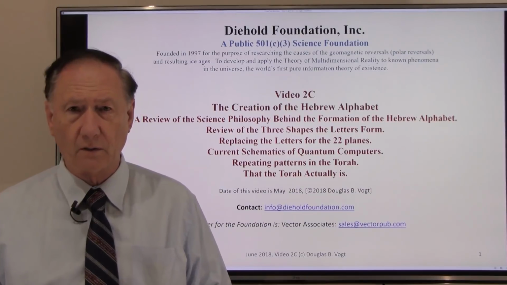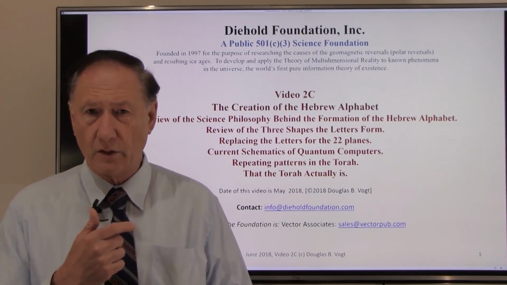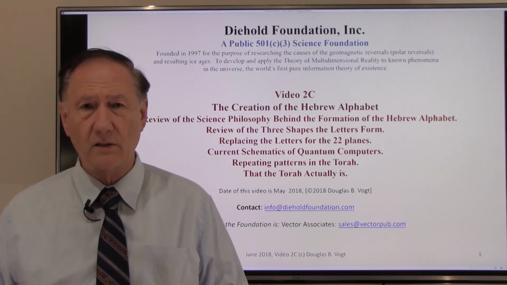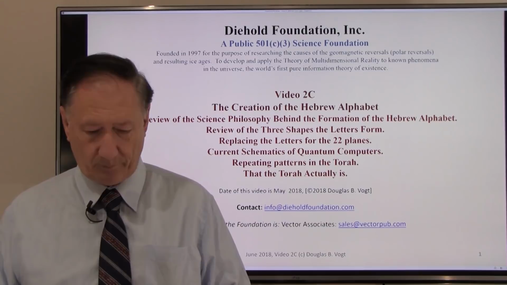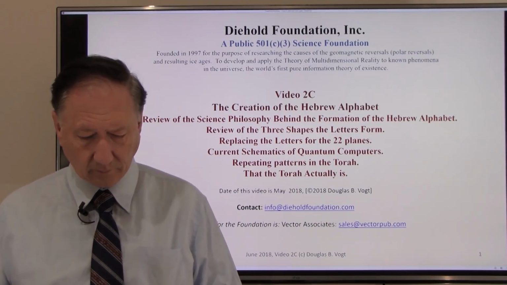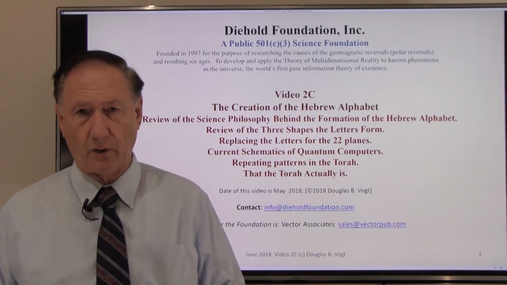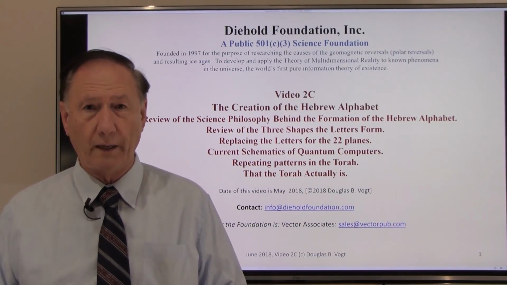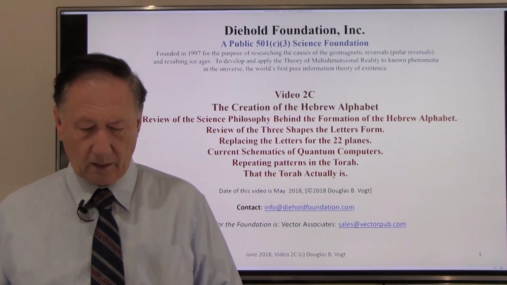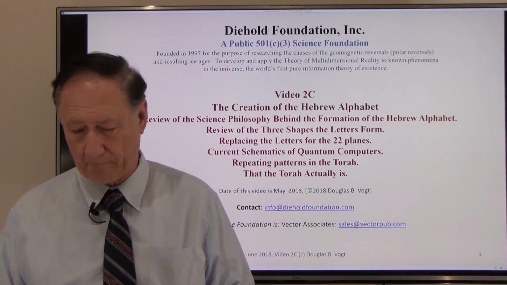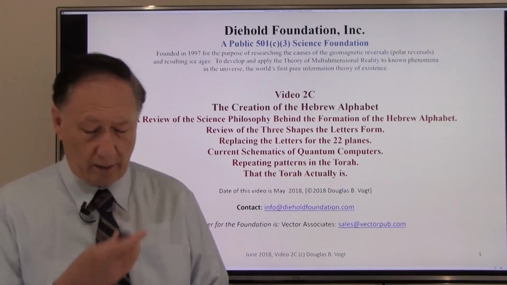Because remember, the book Creation of the Hebrew Alphabet was indexed by the Library of Congress QA 76.8A9, which is quantum computing. They're not kidding. And then I also try to look for repeating patterns in the Torah, if it gives you a better idea of what it really is. And also basically tell at the end what the Torah actually is. So let's get started.